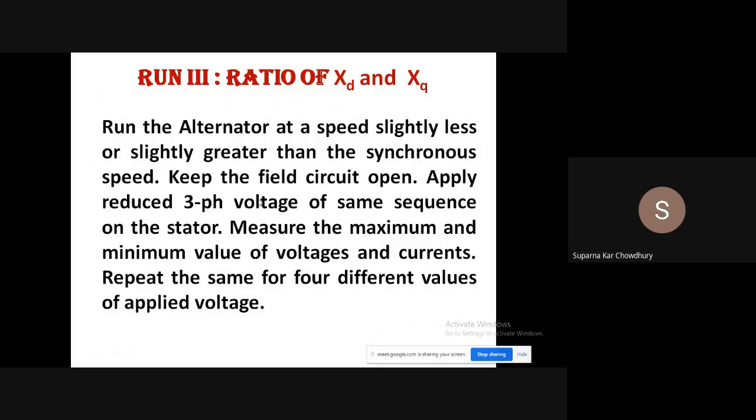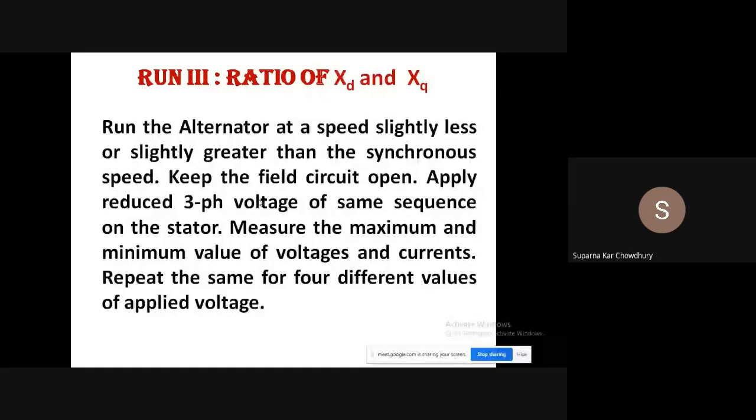The field is open, so the speed of the rotor and the speed of the rotating magnetic field created by the current flowing through the stator winding are slightly different.